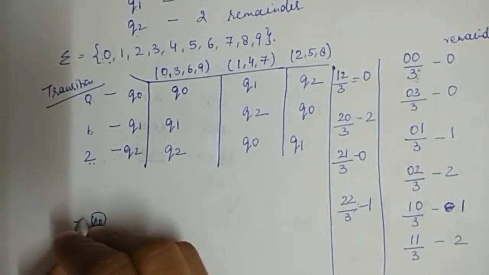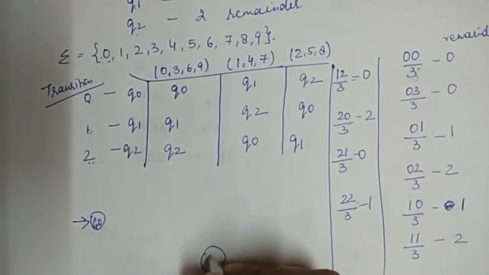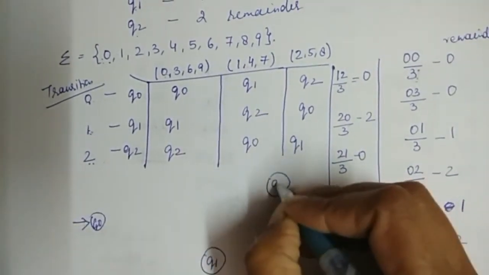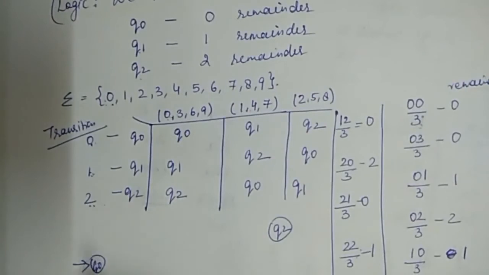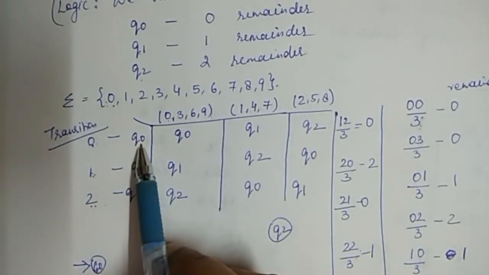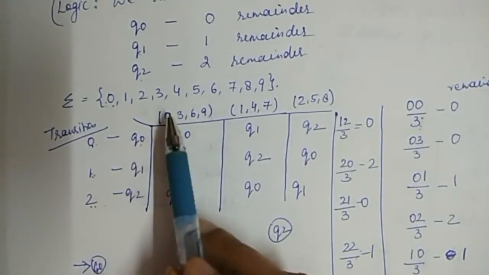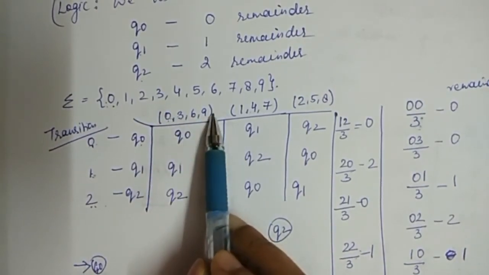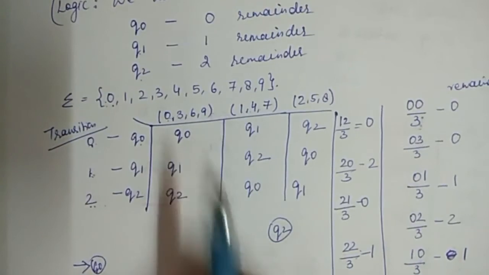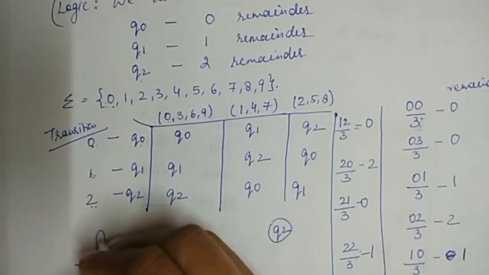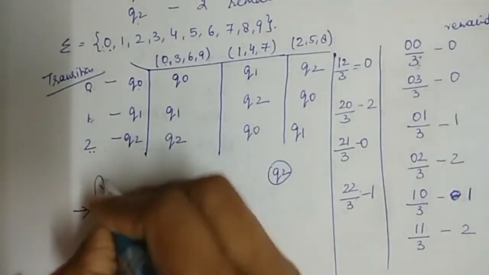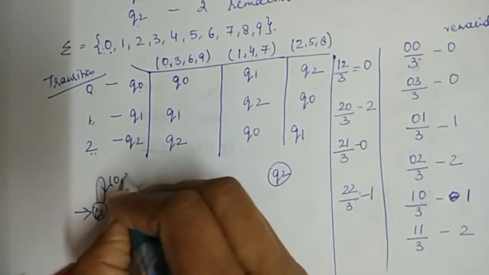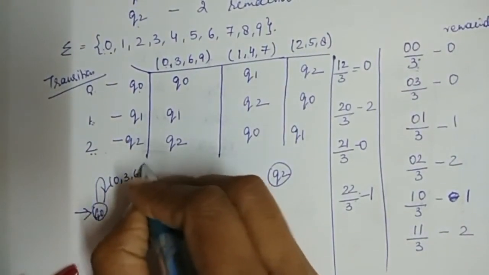Q0, which is the initial state, Q1 and Q2. Now for Q0, if I give 0, 3, 6 and 9 as an input, the state remains the same. So I will create a self loop and put the input as 0, 3, 6 and 9.